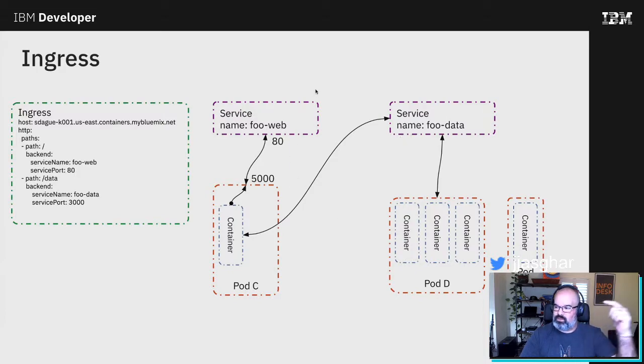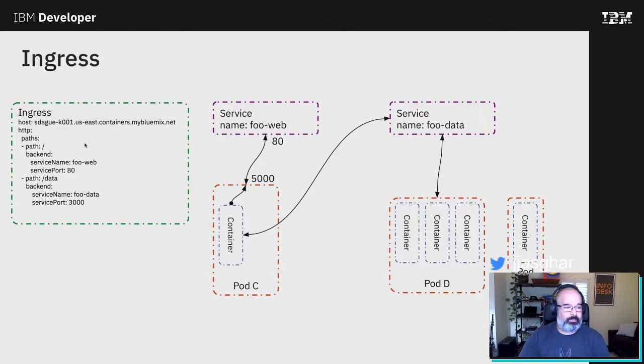So if I was coming in from the outside world and I just wanted to hit the main website, I would go to /, it would come here, and then in essence, I'm going to this level of the pod or whatever. Now, if we actually had a bunch of data here that we needed to pull into here, because we have this ingress control and how everything's mapped out properly, when we actually do a get to foo data, it will go over here and talk to foo data and go to the correct pods there, which is quite nice.